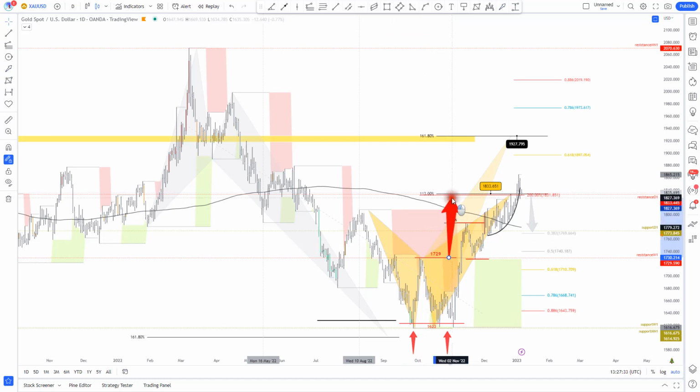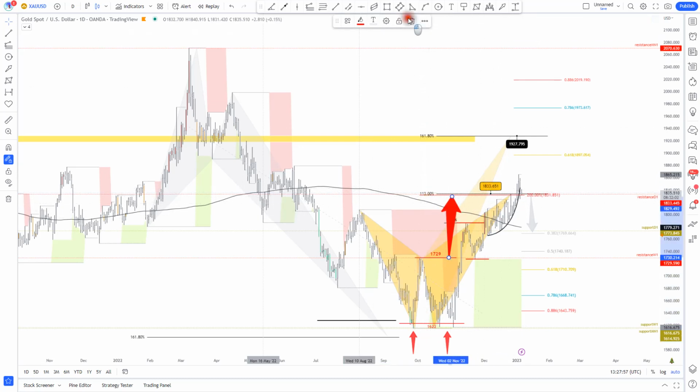So we have the 200% Fibonacci extension as a default target for this technical double bottom. Target achieved 1831, and also a bearish alternate bat pattern completed at 113% Fibonacci extension level, 1833.